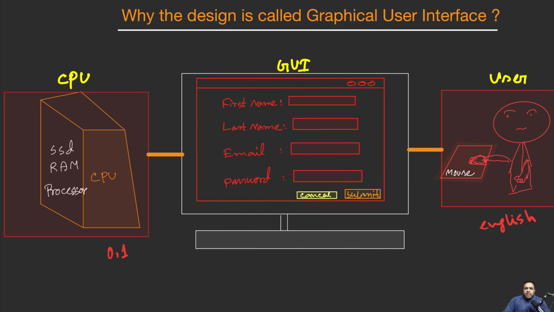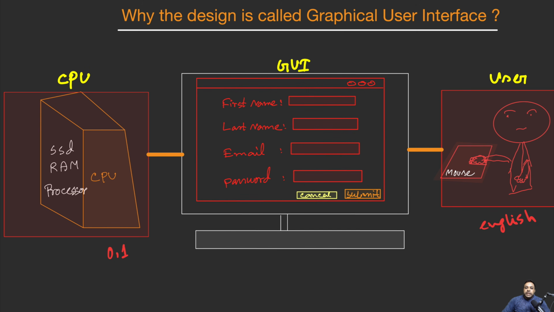So interface basically connects two entities. What is it connecting? It is connecting the user with the CPU. Why? Because the language of the CPU is binary, which is 0 and 1, and the language of the user is English. So the user does not understand the language of the CPU, and the CPU does not understand the language of the user.